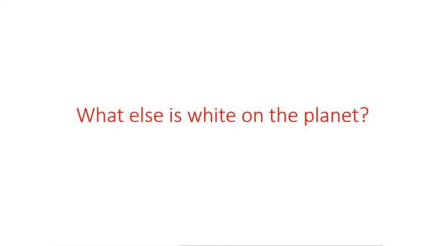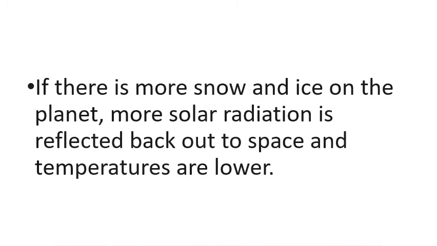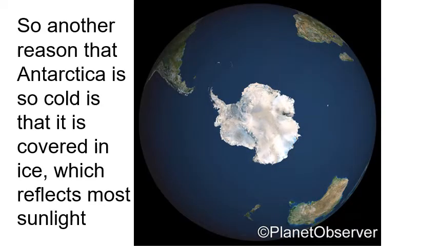Well, what else is white on the planet? Snow and ice. So if there's more snow and ice on the planet, it's going to reflect more sunlight. And if you're reflecting more sunlight instead of soaking it up, your temperatures are going to be lower. This is another reason why Antarctica or the South Pole is so cold.